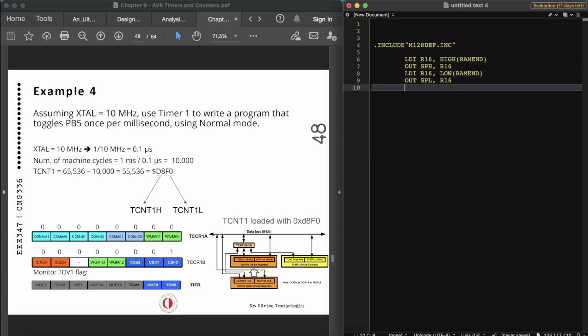So these are all defined, and as we are going to use PB5 again, toggling, SBI DDRB, 5, set bit. So PB5 as an output.